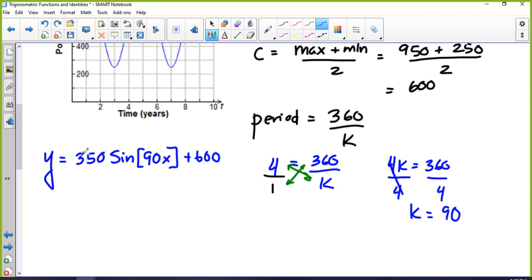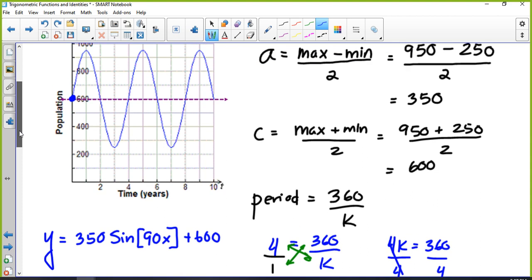And there we have it. This sine function models what we have.